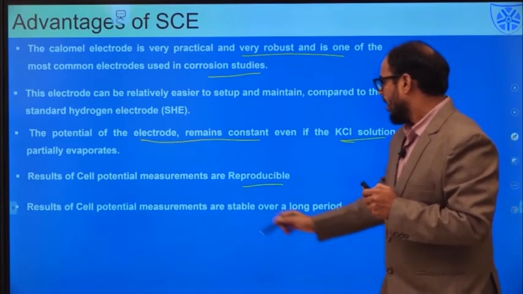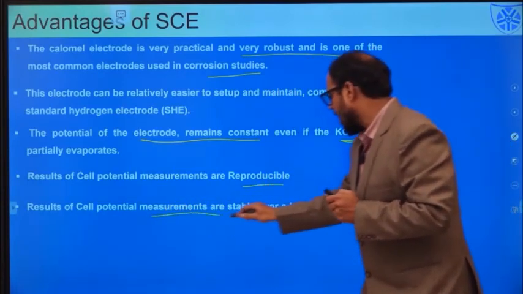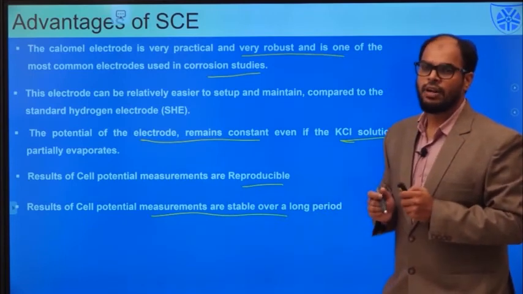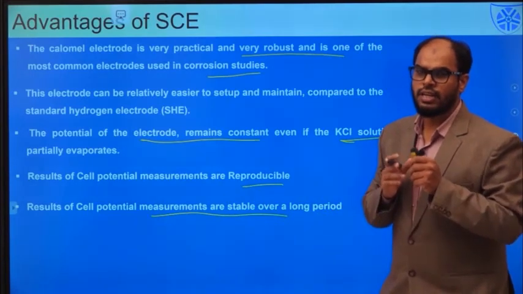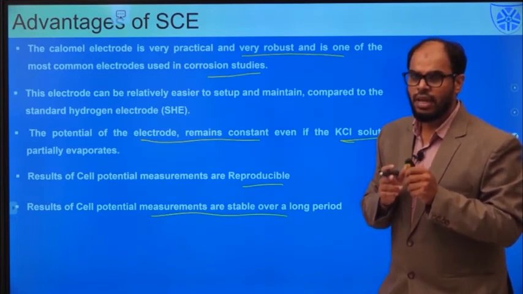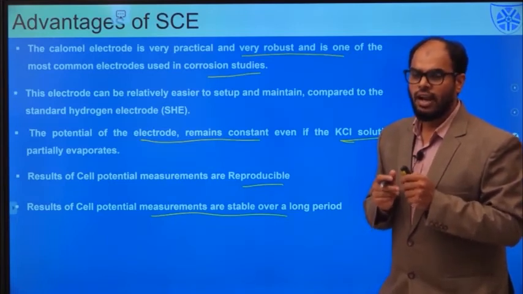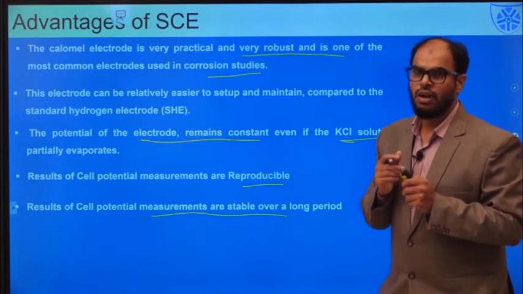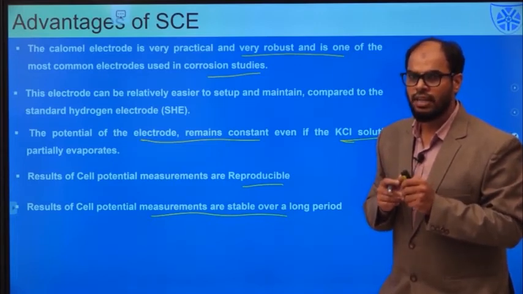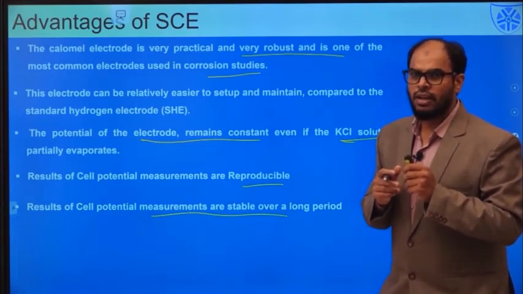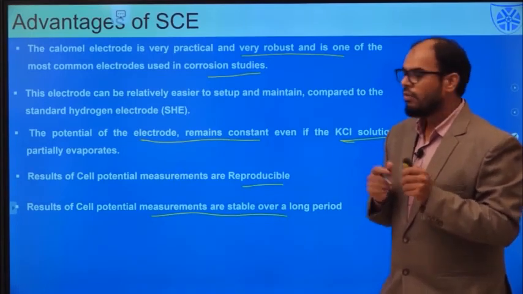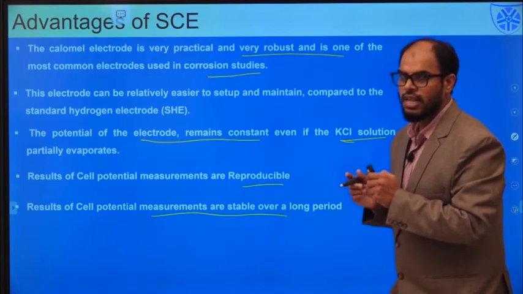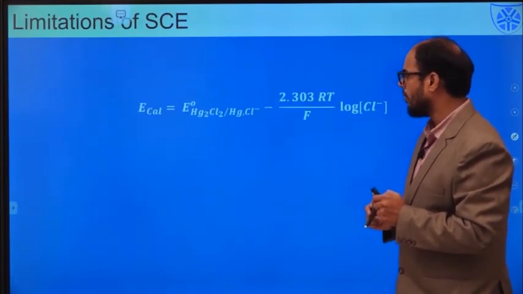And the cell potential measurements are stable over a long period of time in comparison to SCE electrode. The electrode is greatly affected by mercury, arsenic and sulfur. And whenever we use ions such as Fe+3, manganate ion, dichromate ion, we cannot use the SCE electrode. So, we do not have these kinds of problems in saturated calomel electrode.